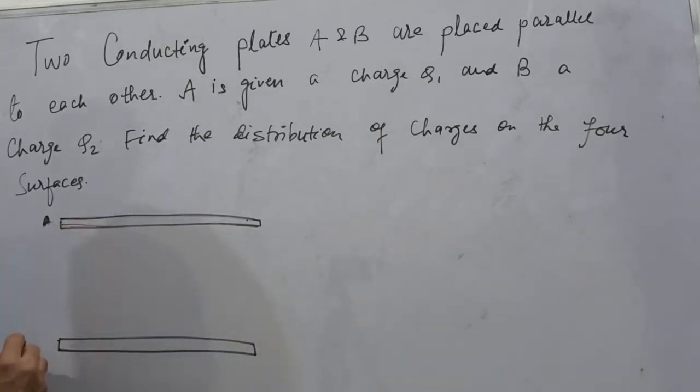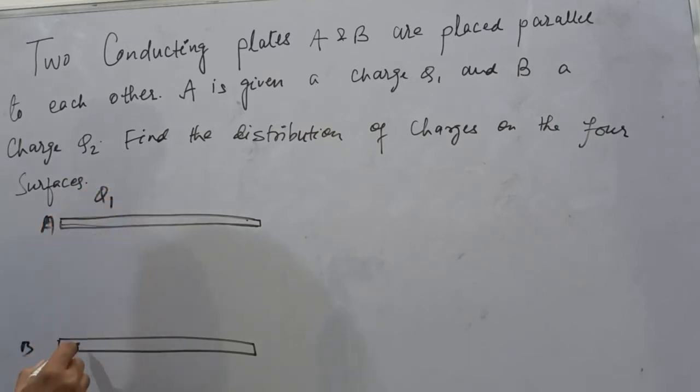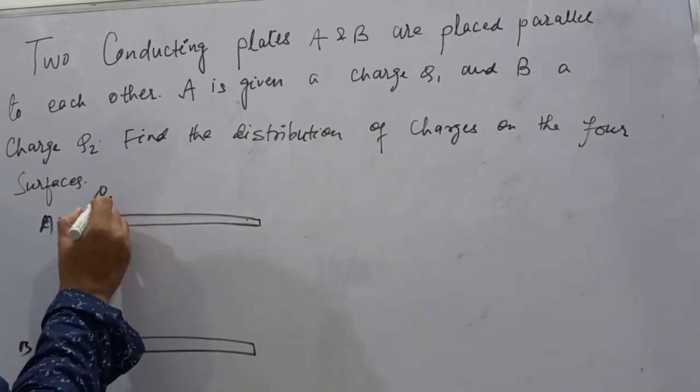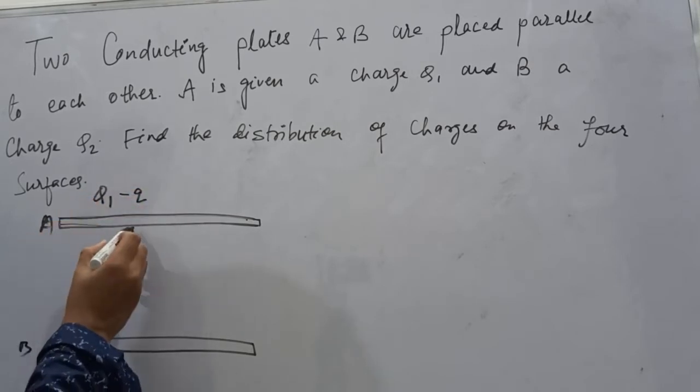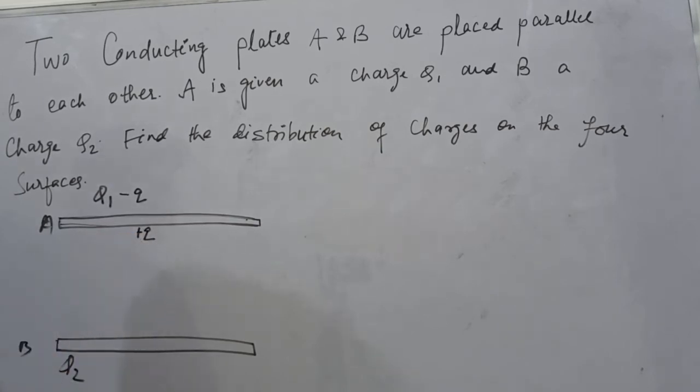Plate A, plate B. This is charge Q1 and here it is charge Q2. Suppose some charge has been distributed from here: minus q has come to this surface, suppose plus q. Because of this plus q, minus q must have been induced here, and plus q has come to this surface, like this. So this is the way we can distribute hypothetical charges.